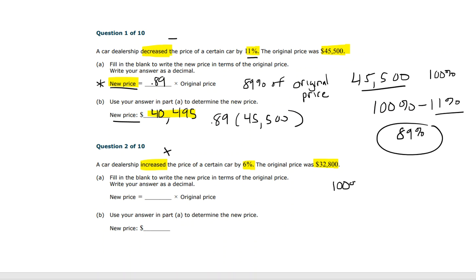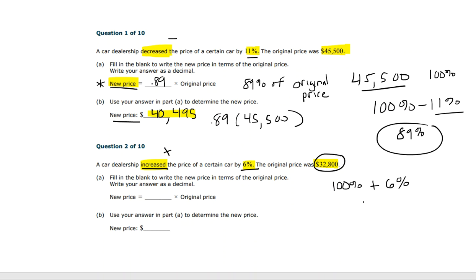So if we think about this, paying 100% of the original price would be paying the $32,800, okay? But the car dealership increased that price by 6%. So besides having to pay the $32,800, the new price is going to be $32,800 plus 6% of $32,800.